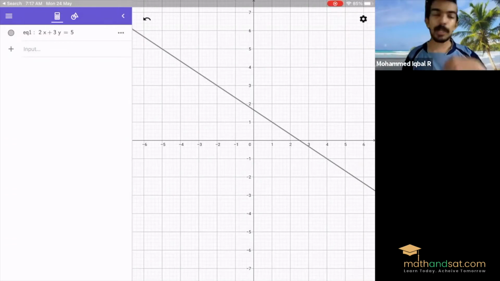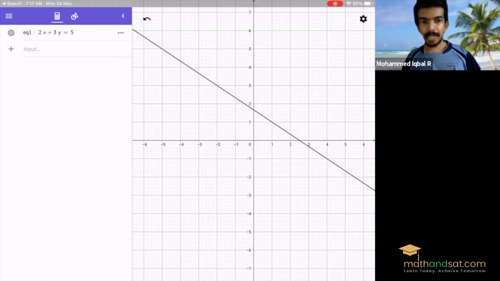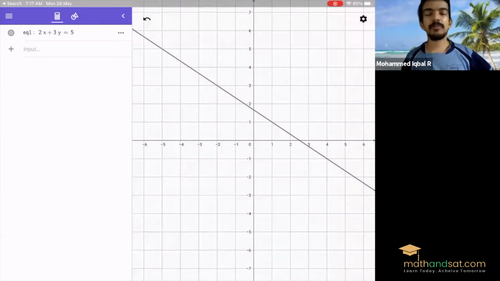Or in other words, if you take all possible ordered pairs that satisfy 2x plus 3y equal to 5, and plot these points on the graph, the shape of the graph is what we have on the screen. So that's the idea about a straight line.